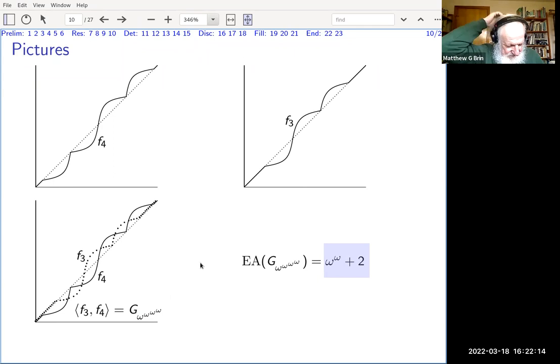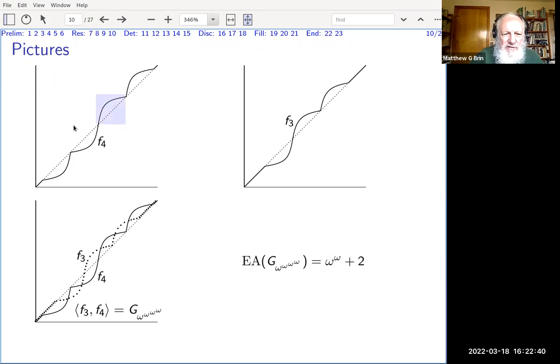The next slide is going to discuss the anatomy a little bit, and I may as well talk a little bit while these pictures are up. Here is a component of the support of F4. In it, points in the interval are being moved to the right. Because it looks like a bump, we will call this a bump. Because points are moving to the right, we'll call it a positive bump.